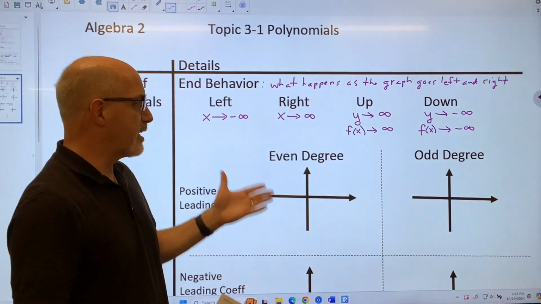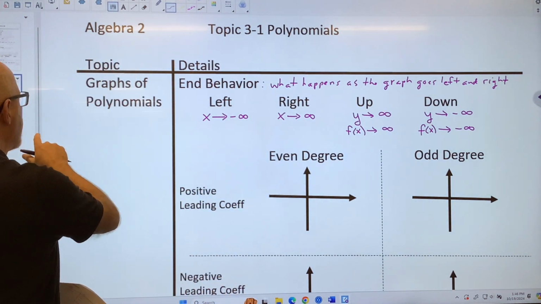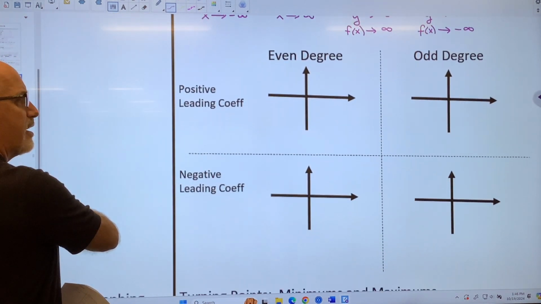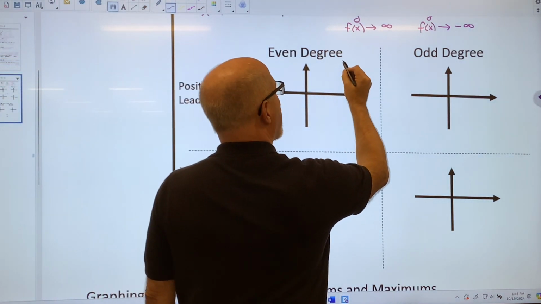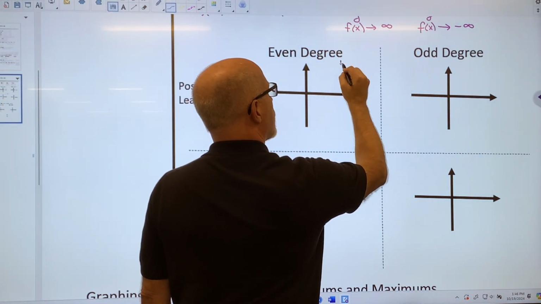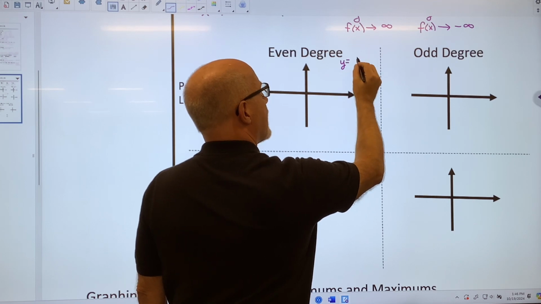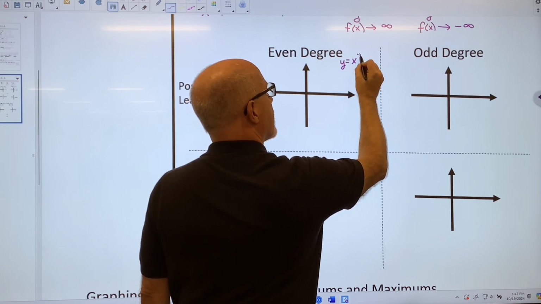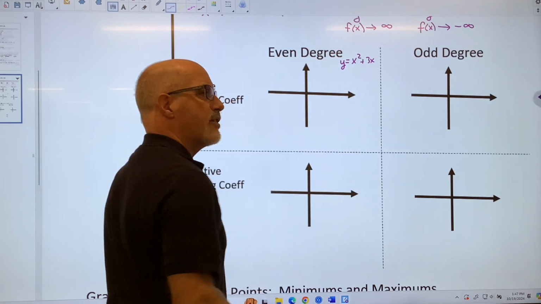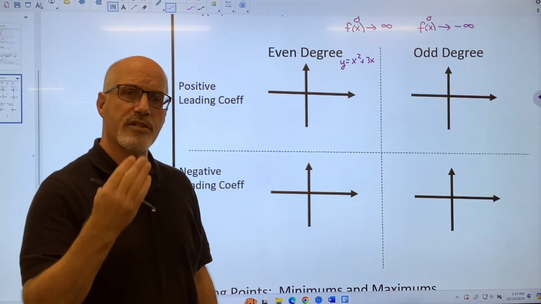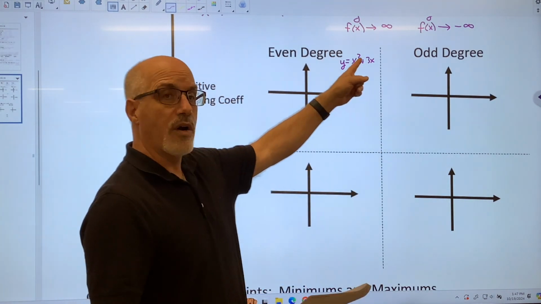So let's talk about it. This is going to be a chart for what happens with our different functions. As an example, an even degree function might be if we had y equals x squared plus 3x. Notice that's an even degree function because the largest degree is a 2. That could be a 4 also.